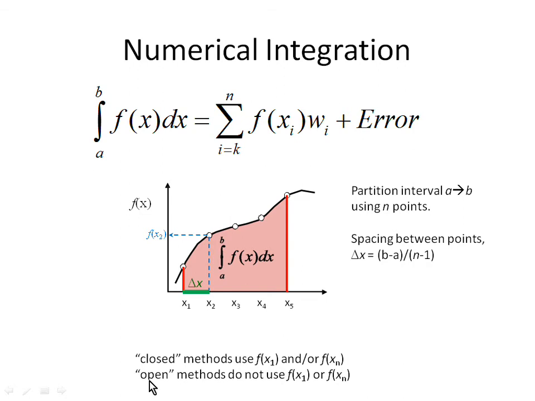So the open methods, as it'll turn out, will be more versatile for integrating functions that may be singular. They may go to infinity at the limits. So if that happens, we can't use a closed method because we wouldn't be able to evaluate the function at this point or this point. Closed methods will not be suitable for calculating functions that go to infinity, but they will be good for other functions or for data.